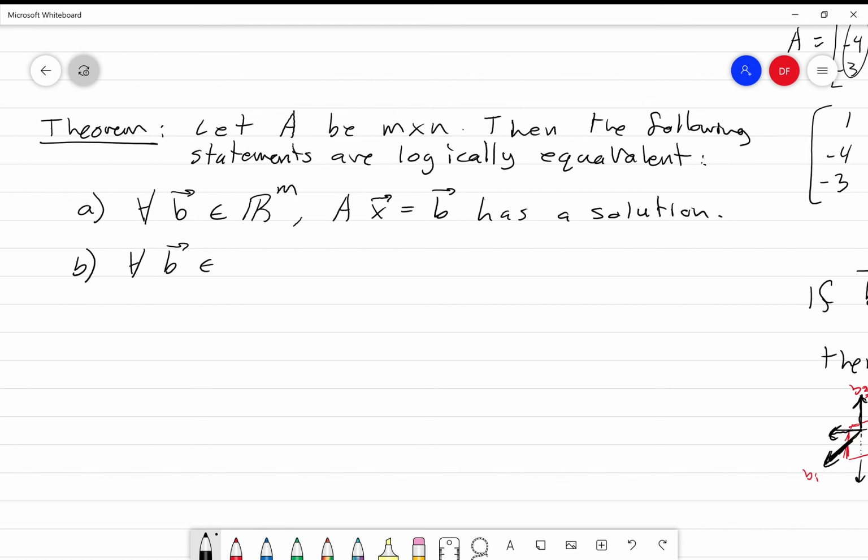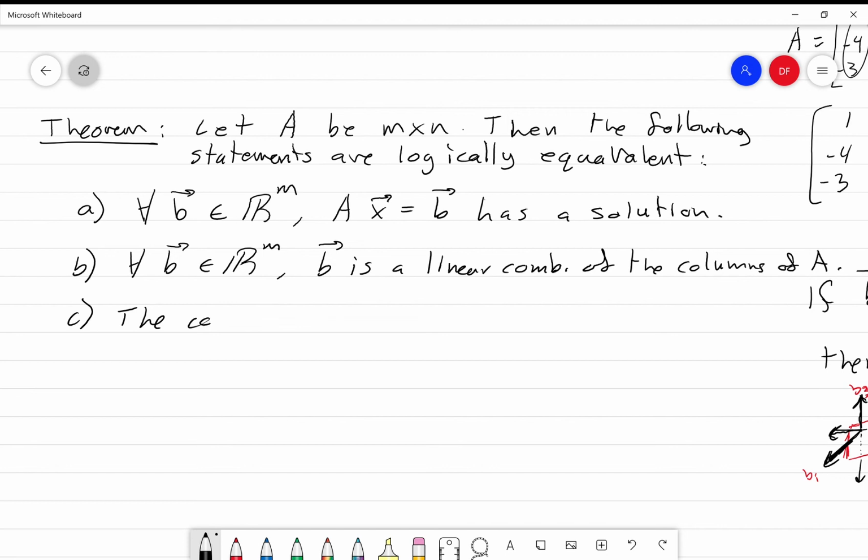For all vectors B in m-dimensional space, B is a linear combination of the columns of A, and this is logically equivalent to the statement the columns of A span the entire m-dimensional Euclidean space.